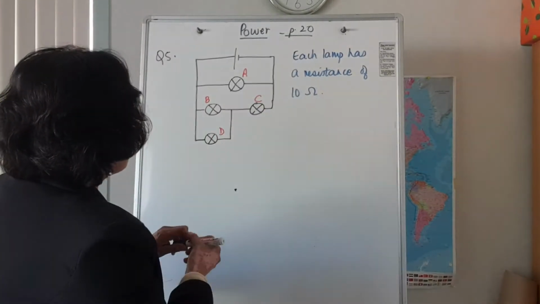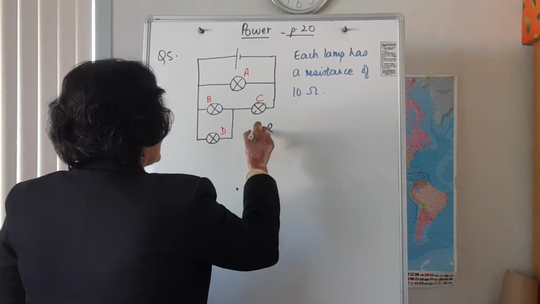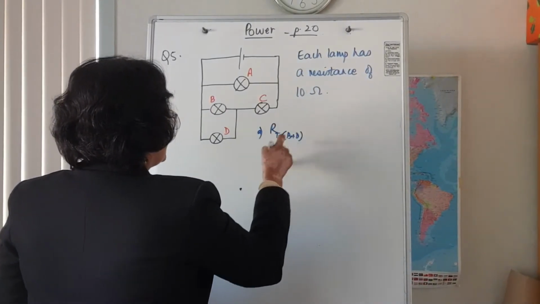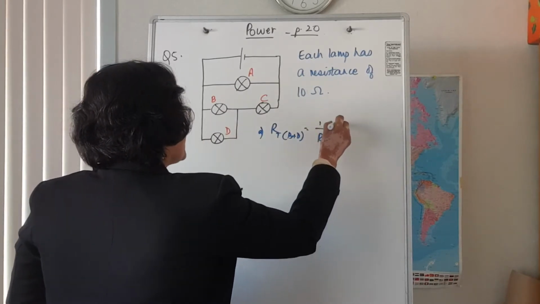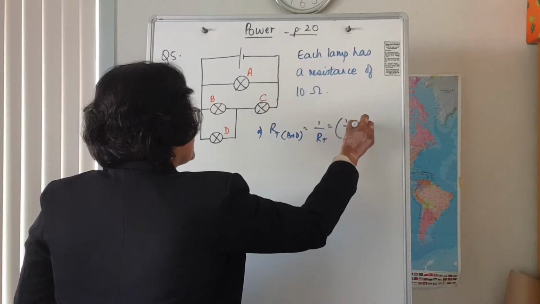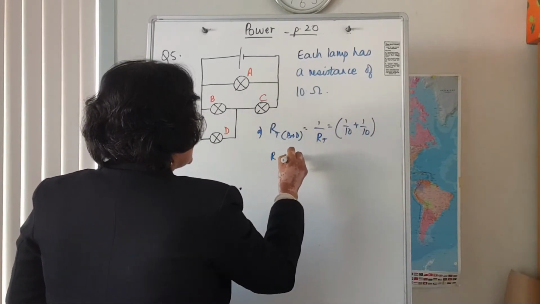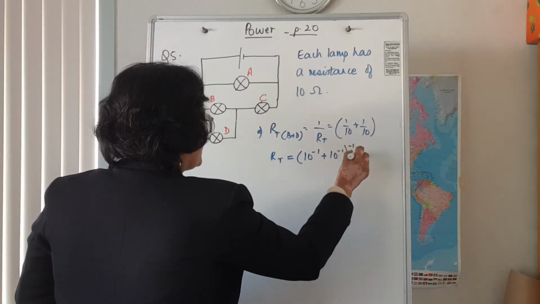Okay, so step 1 is the total resistance of B and D. That's what I'm doing, just those two. So 1 over RT is equal to 1 over 10 plus 1 over 10, or RT is equal to 10 to the power of negative 1 plus 10 to the power of negative 1, all to the power of negative 1.